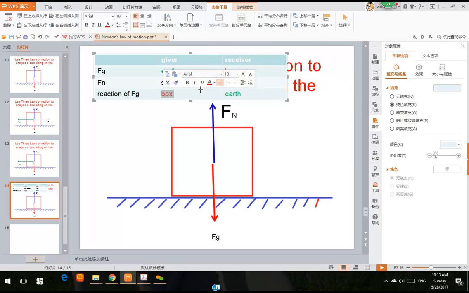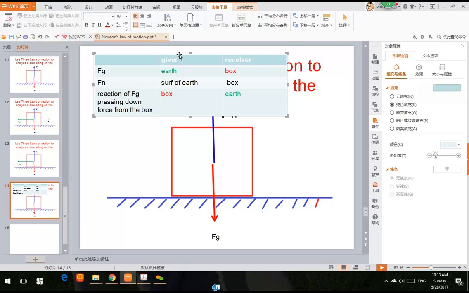You're switching this, right? So the box is giving some force to the Earth. That is actually the pressing down force from the box, right? Is that pretty cool?